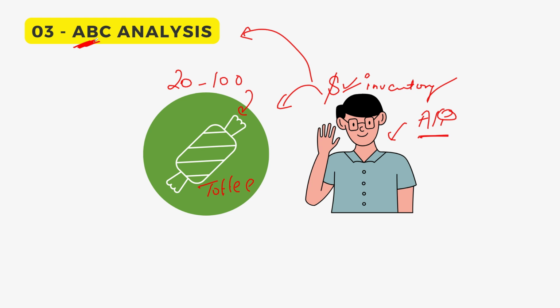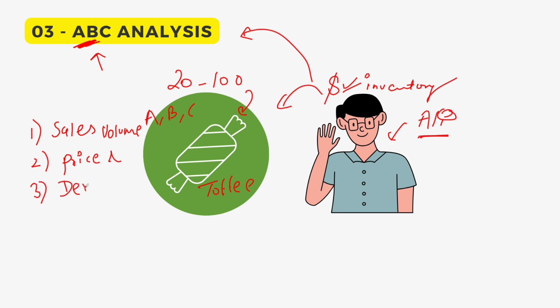So now, after thorough research, he is implementing ABC analysis. He organized his extensive selection of toffees and candies into three categories: A, B, and C, on the basis of sales volume, price, and obviously the most important factor, demand.